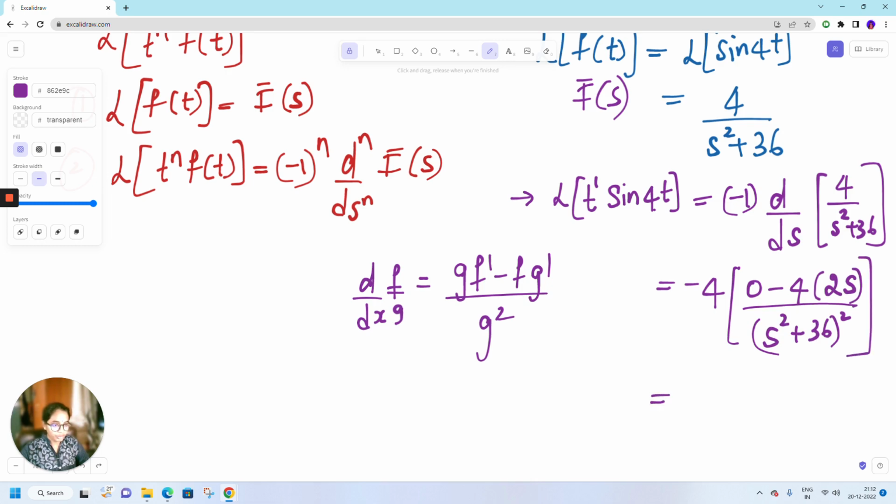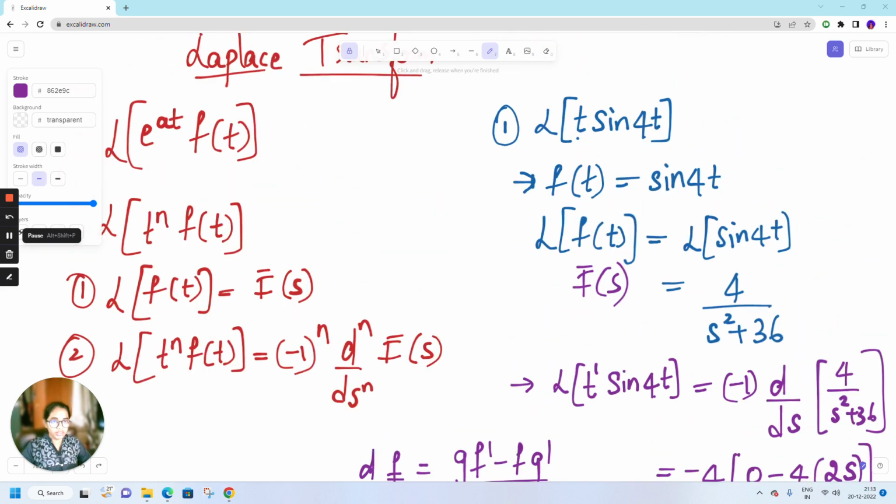So I would get minus 4 into minus, that is plus. 4 into 4 into 2, that is 4 4s are 16, 16 2s are 32, divided by s square plus 36 whole square. So this is our answer.